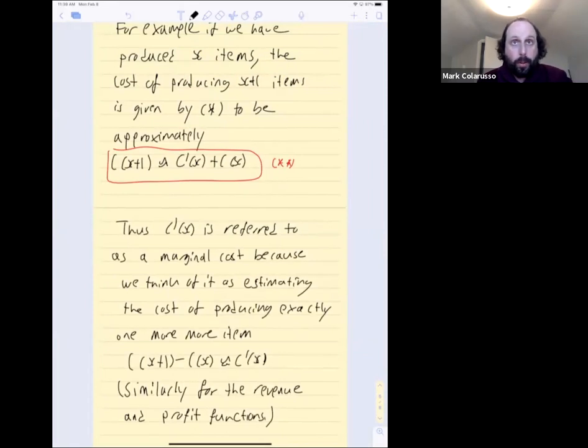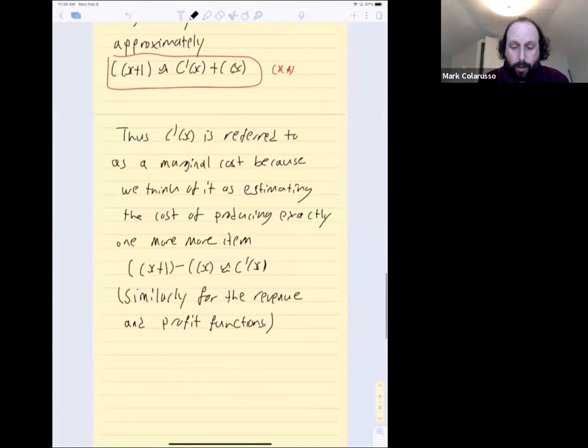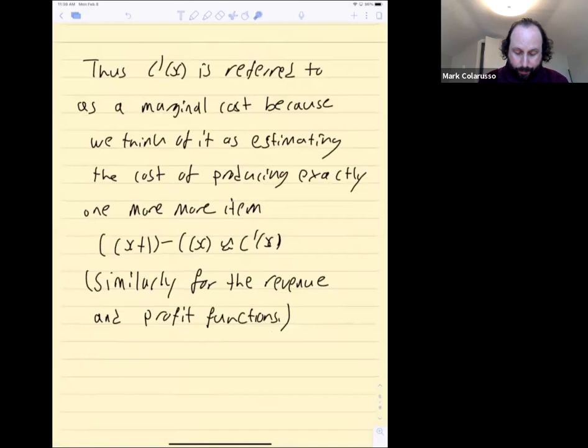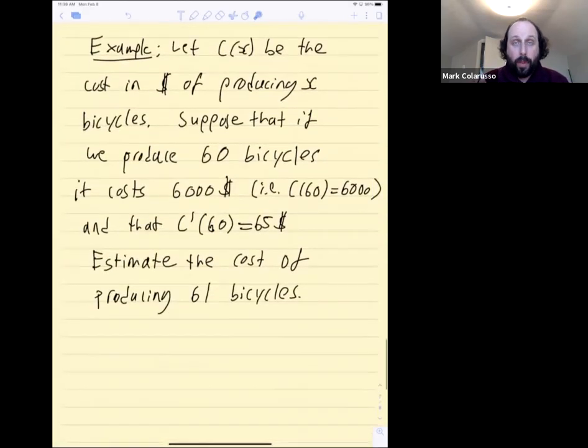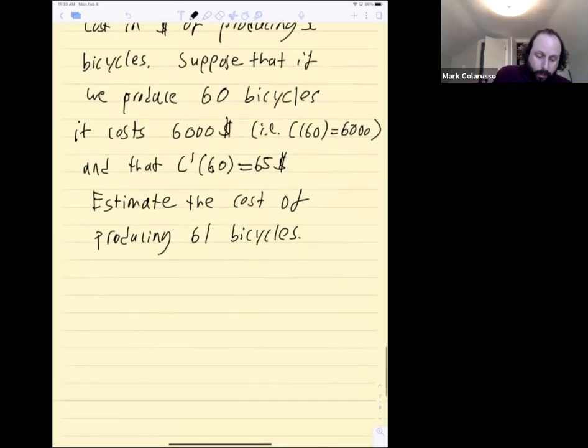Once we know the cost of producing 60 bicycles, we can estimate the cost of producing one more when we know the marginal cost and the cost of producing x bicycles. So we're just going to use formula double star with x equals 60.